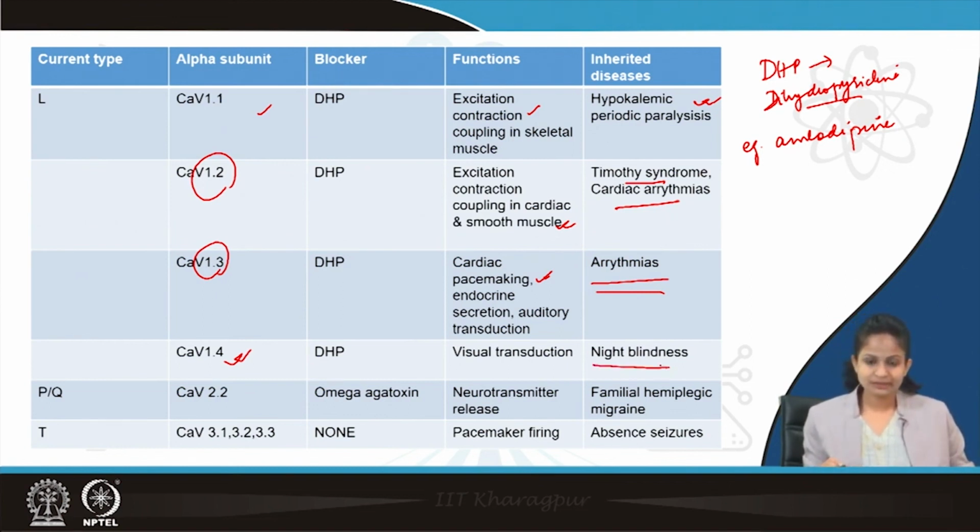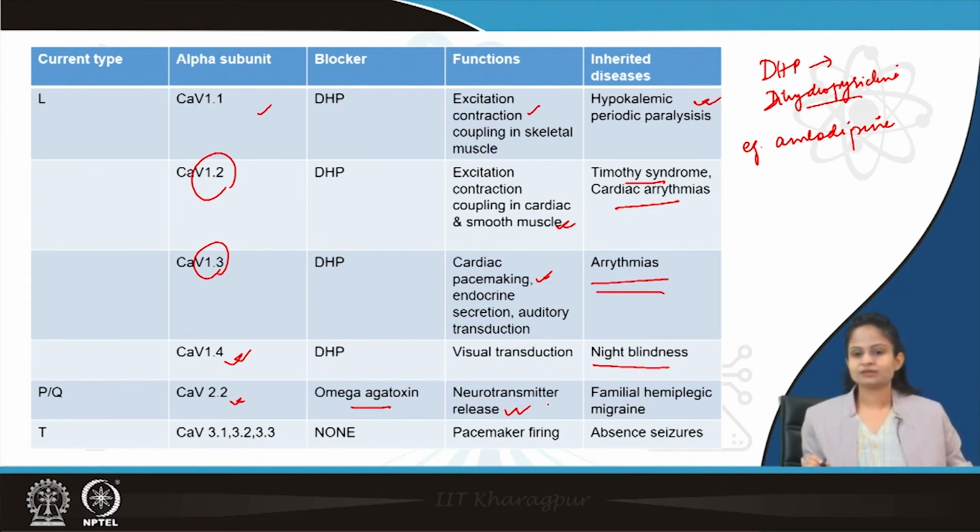Next we come to the P/Q type of calcium channel, that is 2.1. The blocker of this P/Q type of calcium channel is omega-agatoxin, and as I told you, the P/Q type of voltage gated calcium channel is mainly responsible for neurotransmitter release. So, any abnormality related to this voltage gated calcium channel will result in non-release of the neurotransmitter.